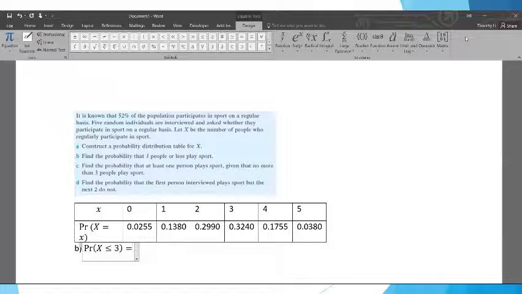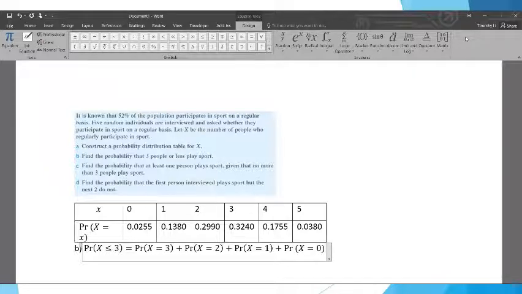Alternatively, you can do 1 minus the rest, which is 4 or 5 people playing sport. It's entirely up to you. So probability of x equals 3 plus probability of x equals 2 plus probability of x equals 1 plus probability of x equals 0.